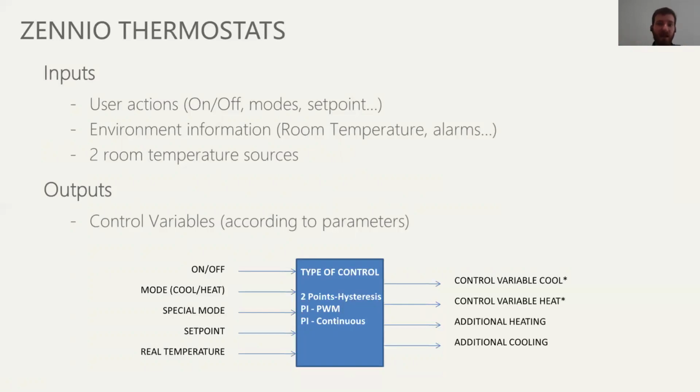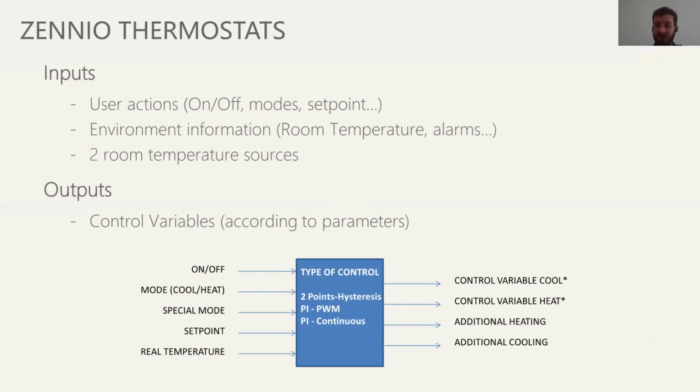And for example, in combination with the Z35, you could get something like a window opening and closing saying thermostat is off because the window is open. But anything that is an alarm or you consider an alarm in your project can be linked to the window object in the Zenio thermostat.